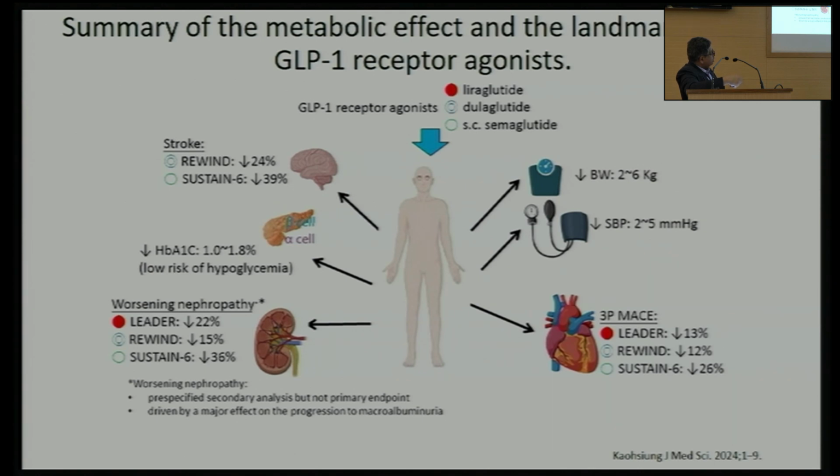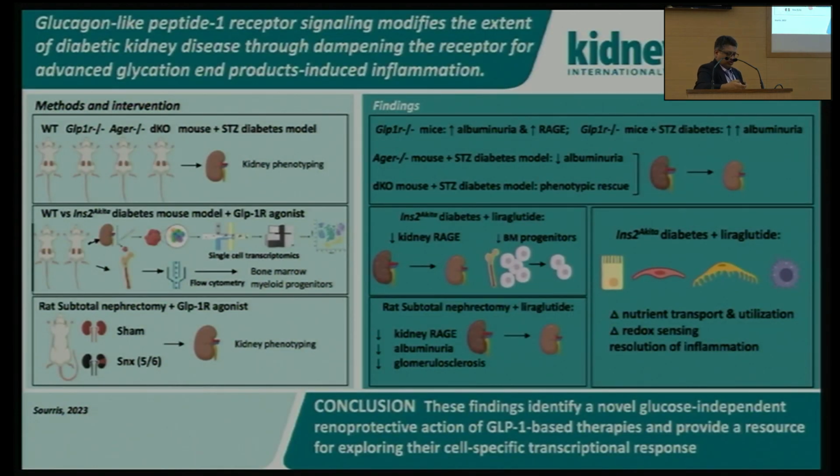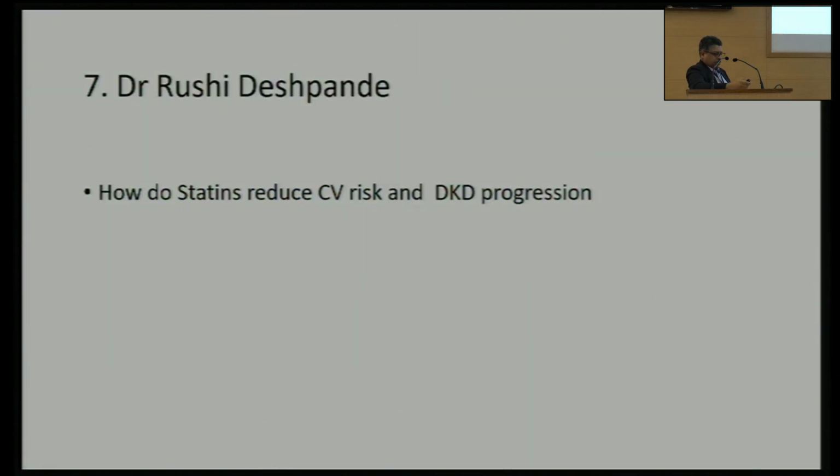MACE events were also significantly reduced, and even stroke. It reduces the sugar also, and there is a glucose-independent renoprotective effect. So it will help in reducing long-term CV complications also. It is said that GLP-1 receptor agonists have a beneficial effect on the pump, pipe, and filter.